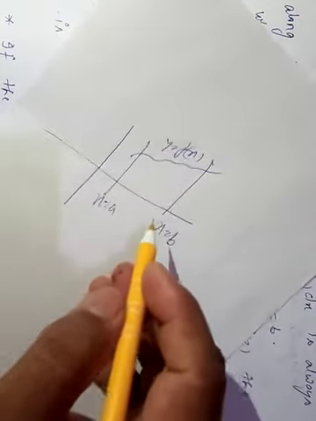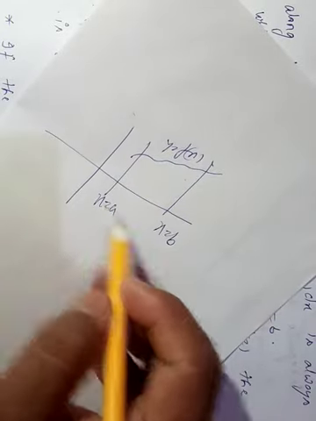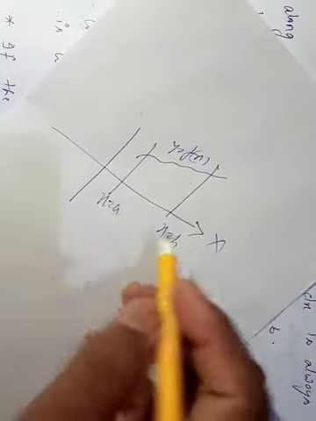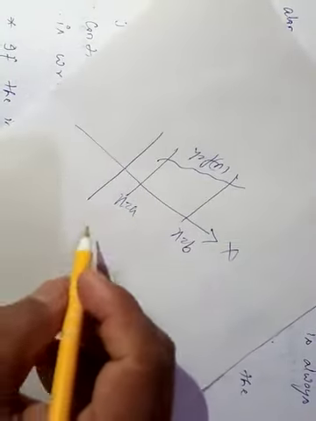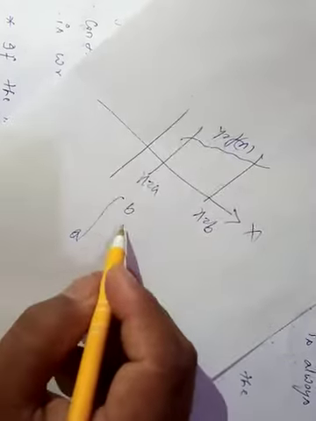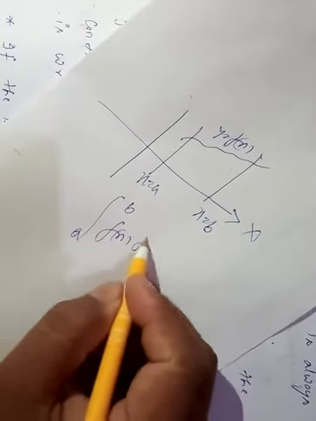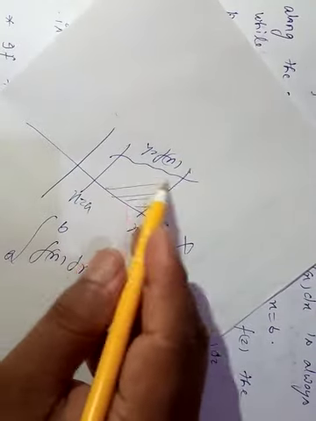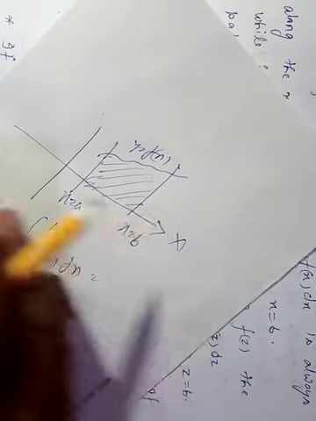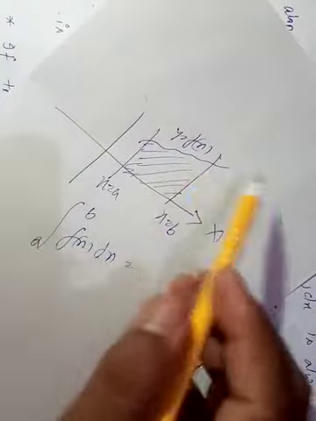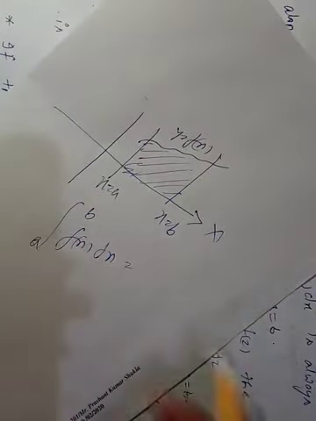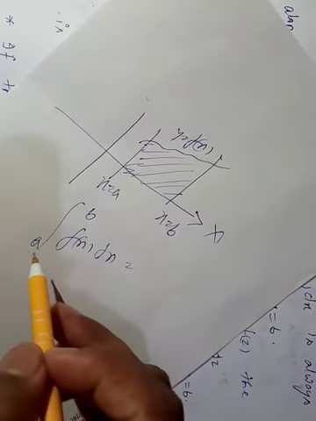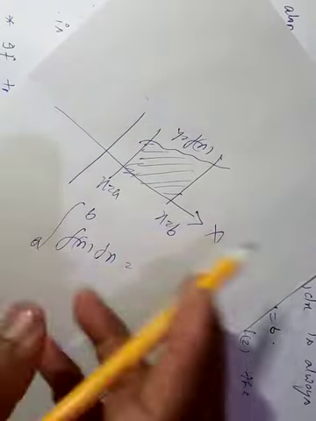These limits are on the x-axis, and by the integration a to b f(x) dx, we actually find the area covered between the curve itself and these three lines. That was the definite integral of a function between the limits a to b in real analysis.